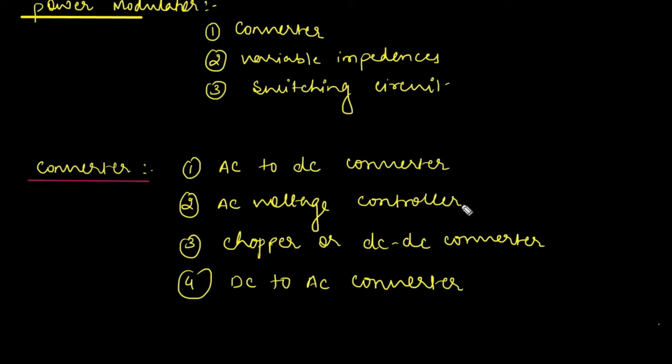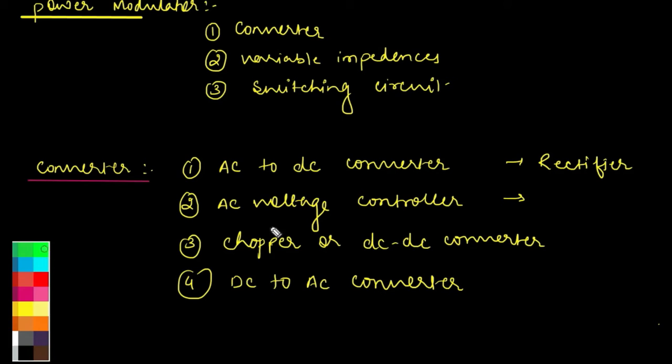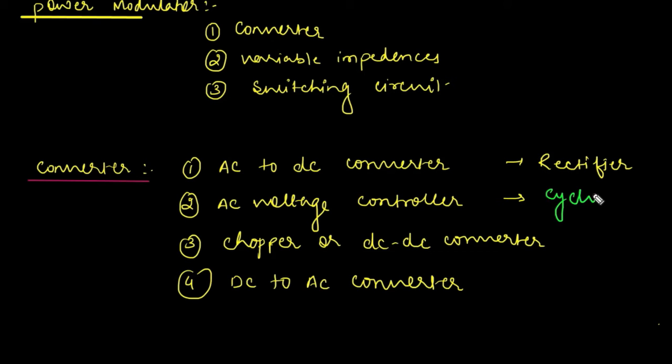Although we know that if we are talking about the AC to DC converter, AC to DC converters are basically a rectifiers. AC voltage controllers, or I can say AC to AC controllers can be called as cyclo converters.